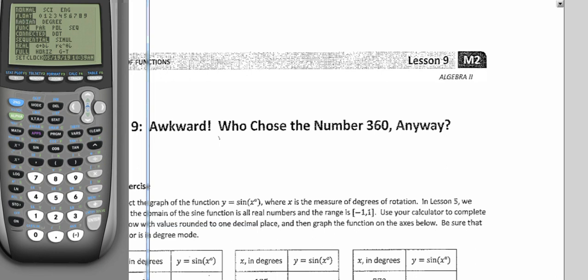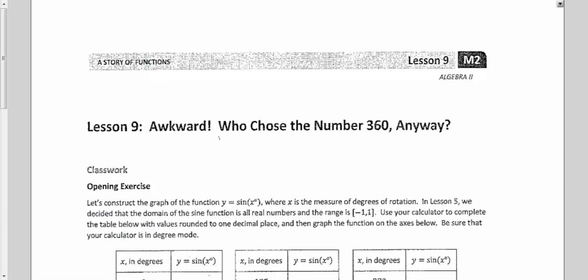So, nobody uses this anymore. Today we're going to learn about radians, though. And radians is a beautiful thing, though you will not believe it at the outset. You will not believe that radians are a beautiful thing.